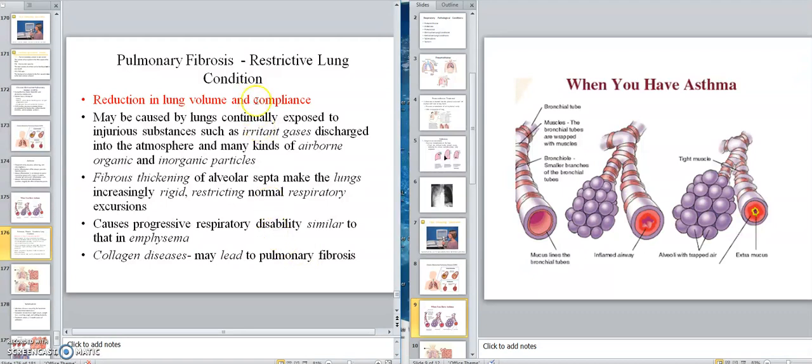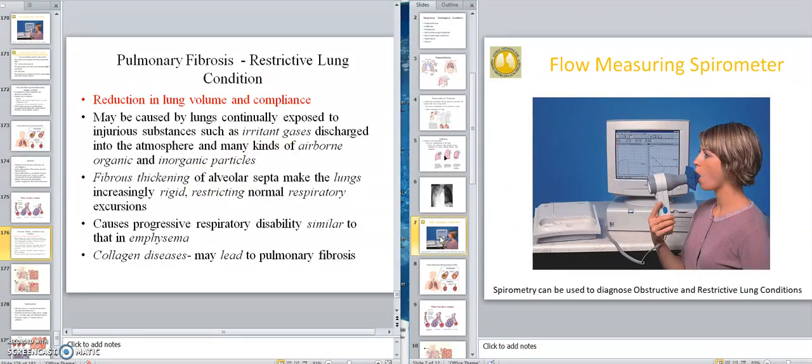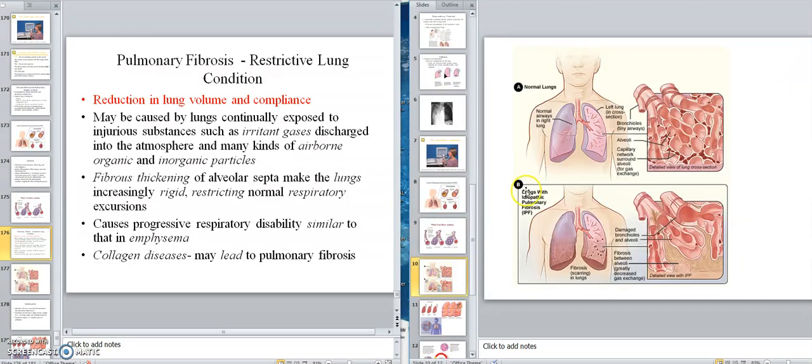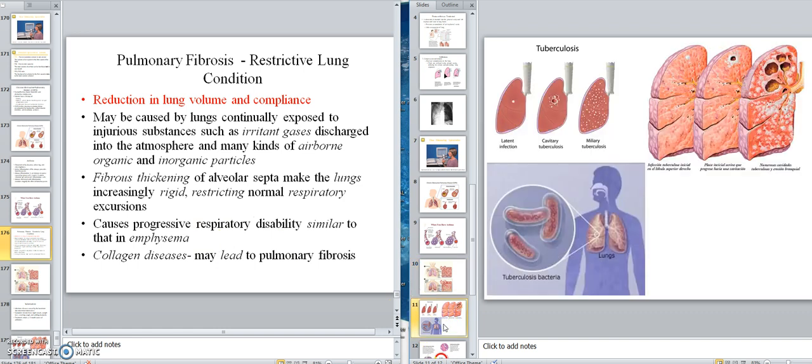Remember, change in volume over change in pressure, a decrease in compliance. So in this machine, you'd have decreased lung volume than that which is expected. When you look at that, you see these normal lungs, and you see these that are all scarred up there. Okay? So that's what you're looking at.